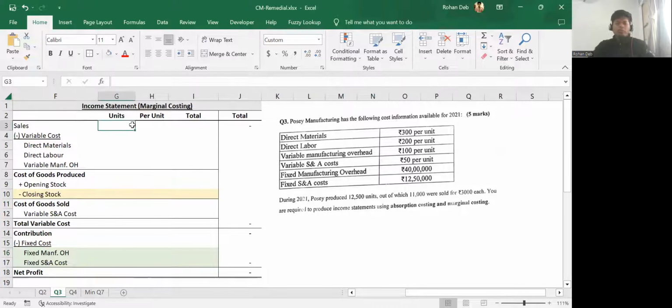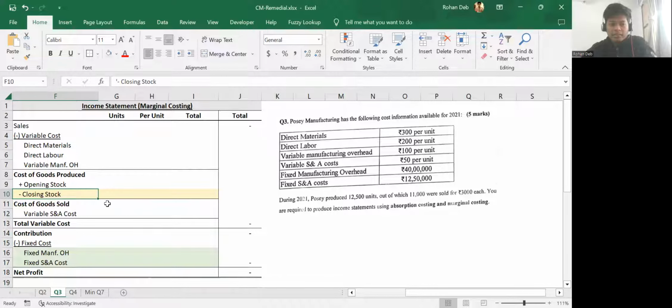So here this is a format: sales minus variable cost will give you the cost of goods produced. So these will be for the entire 12,500 units, right? Now there's an opening stock. Here in this question, there's no opening stock. If there was opening stock, I would have added that. If there is a closing stock, here there is a closing stock. So it's 12,500 units that I've produced, but only 11,000 were sold. So there's 1,500 units of closing stock.